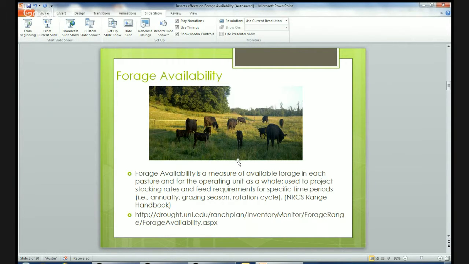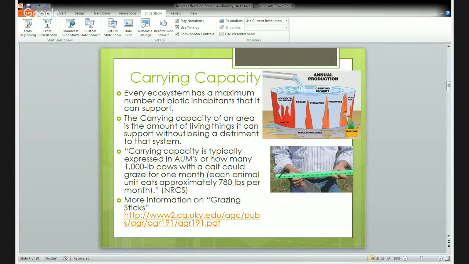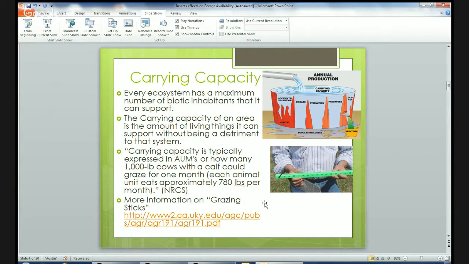Well, we need to get into carrying capacity a little bit and how we measure forage availability. This fella here is holding a grazing stick. I did add the link here for you so you can see. Where I live, our internet is so very slow that I have to be careful how many windows I have open.